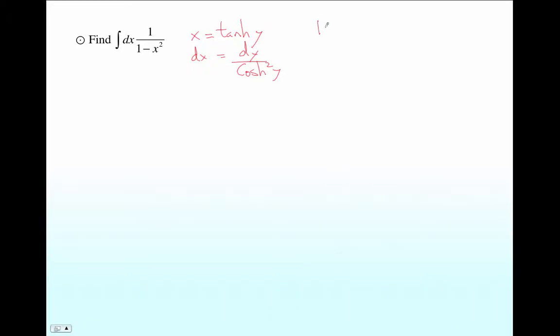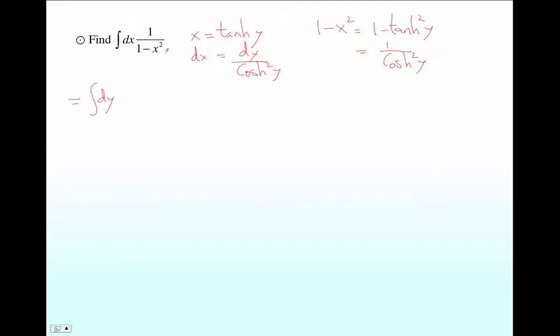Now 1 minus x squared is just 1 minus tanh squared y, and that is 1 over cosh squared y. So this integral then becomes just dy.